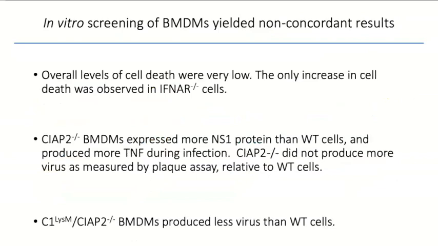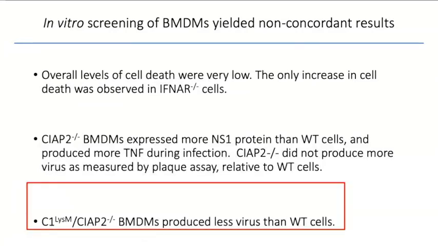So, to summarize my in vitro findings, overall levels of cell death were very low, and the only increase in cell death that I saw was with my IFNA deficient BMDMs, which are very susceptible to viral infection. CIP2 deficient bone marrow-derived macrophages expressed more NS1 protein than wild-type cells and produced more TNF during infection. However, they did not produce more virus as measured by plaque assay relative to wild-type cells.